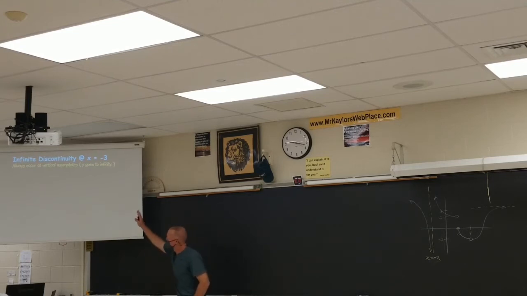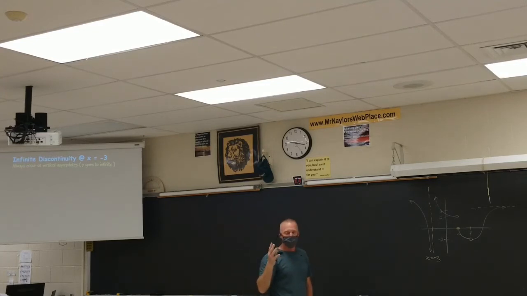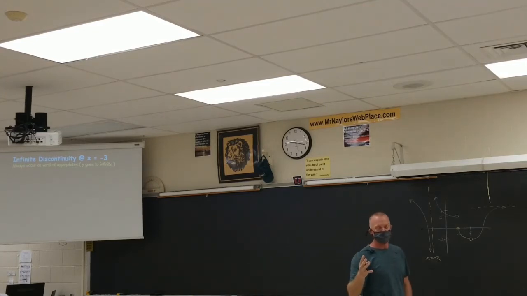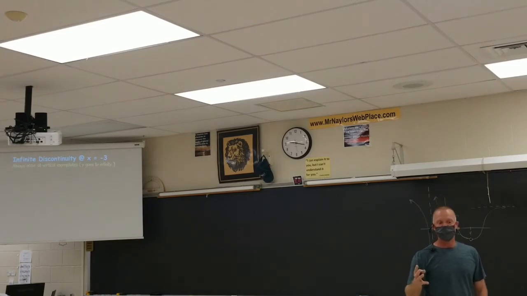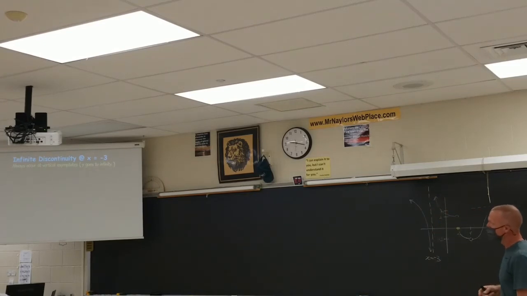Now, look at a little bit of the notation here. First of all, we have a new word. Well, you've heard the word infinite, but we use that word to describe a vertical asymptote.